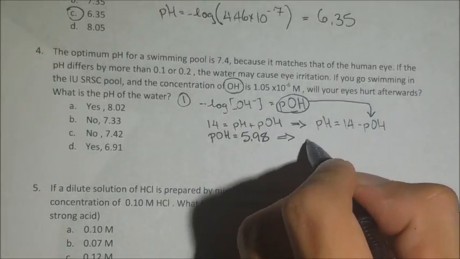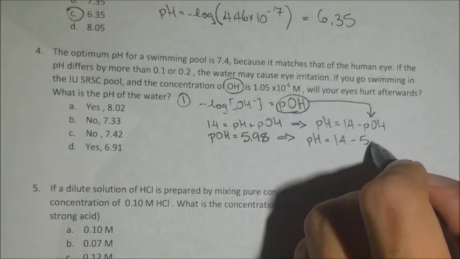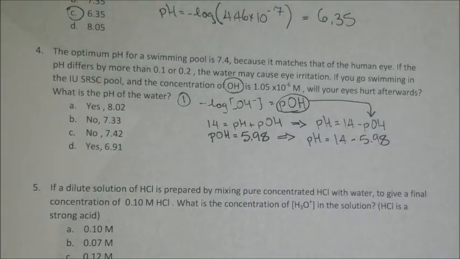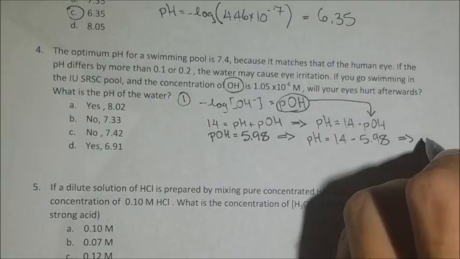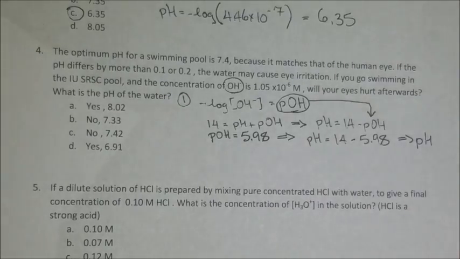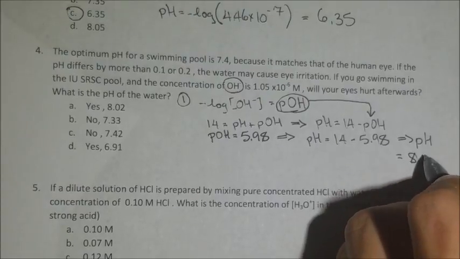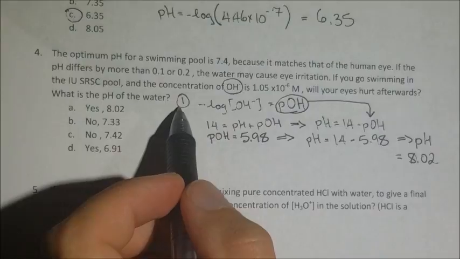So that means that pH is going to be 14 minus 5.98. And so that gives us a pH equals 8.02. Okay. So here's method number one.